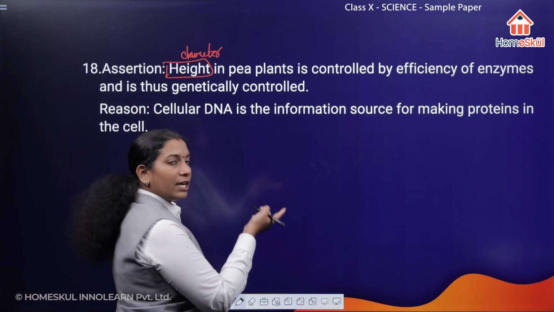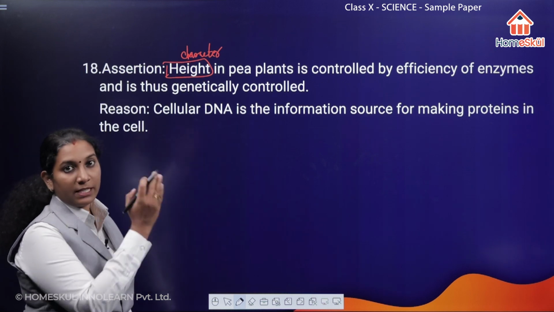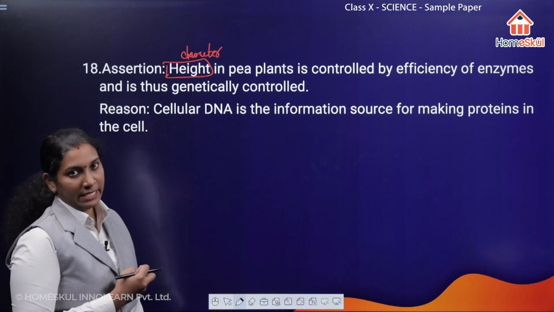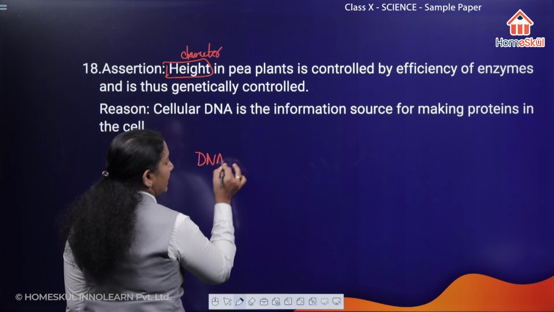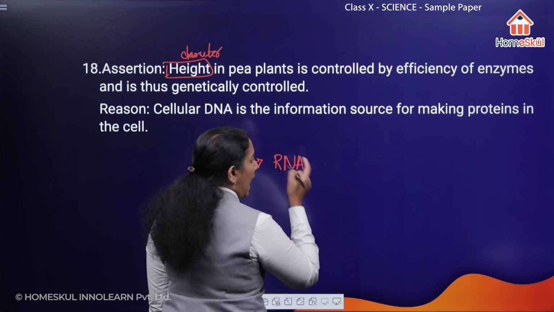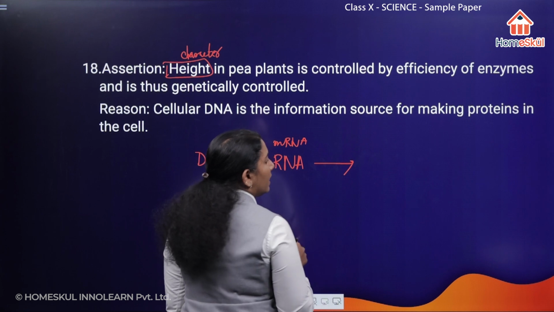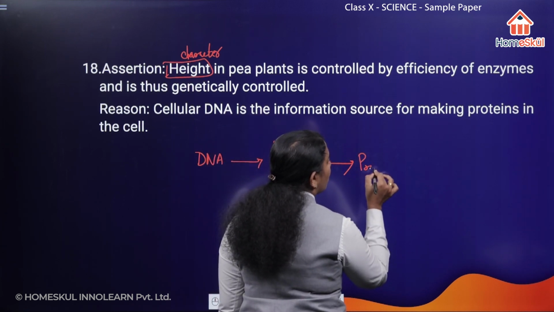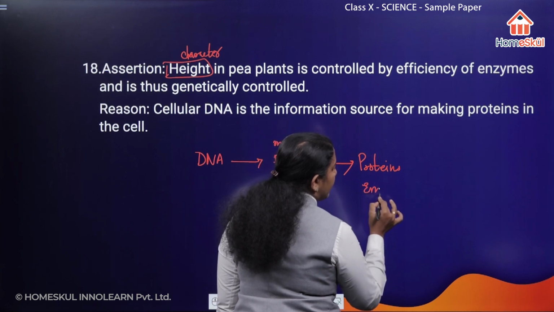A character is controlled by certain proteins, and the proteins are developed from certain DNA, that is the genetic material. So the pea plant has a particular DNA content, from this DNA RNA is produced, and from this mRNA certain proteins are produced, and proteins sometimes act as certain enzymes.